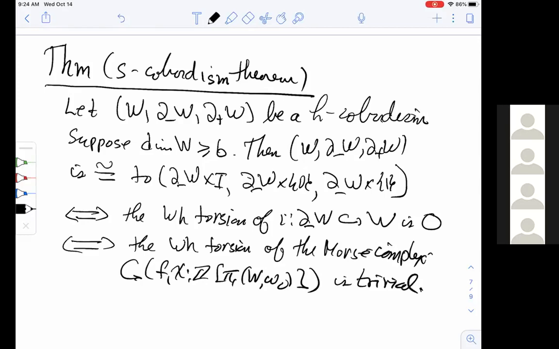Okay. So in the case of the s-cobordism, we were working in the simply connected world, and the Whitehead group of the integral group ring of the trivial group is just the Whitehead group of Z. On the side here, K1 of Z is plus minus 1 given by the determinant.